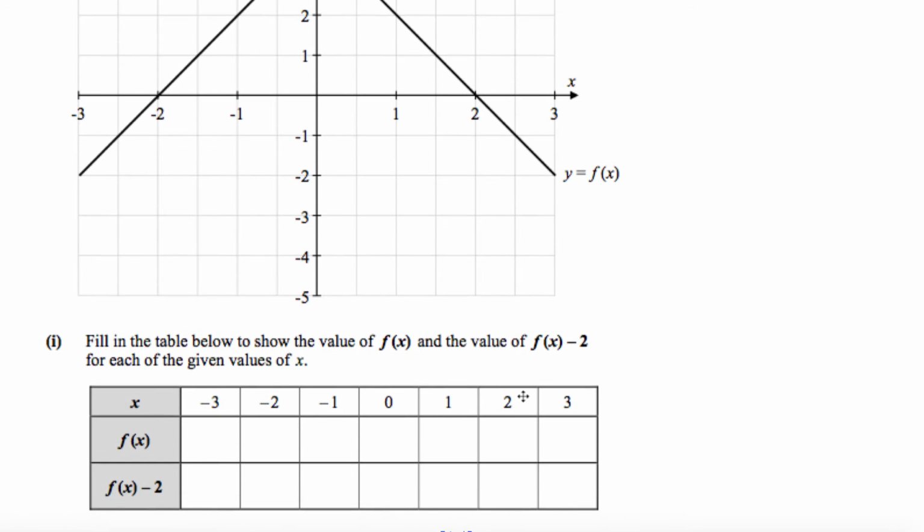Okay, the question says fill in the table below to show the value of f of x and the value of f of x minus 2 for each of the given values of x. So when x is minus 3, we can see that f of x is minus 2.